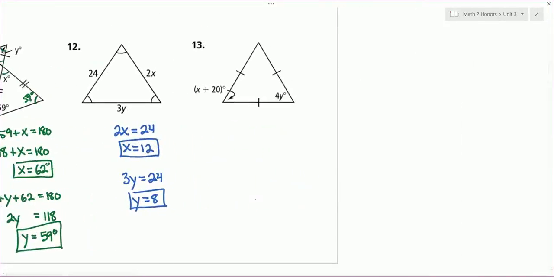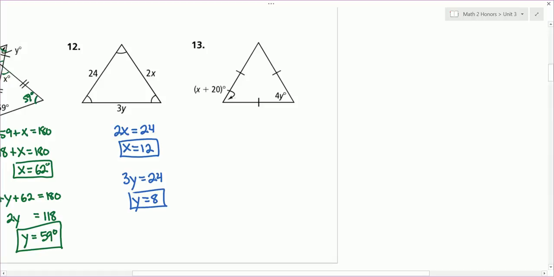Number 13, all three sides are the same length. Again, it's an equilateral triangle. And equilateral triangles are equiangular, meaning all three angles are equal. In fact, if all three angles are equal, do you remember what each angle measurement is going to be? Each one's 60 degrees.